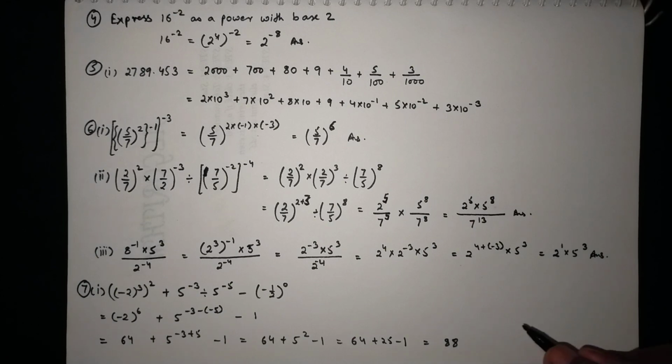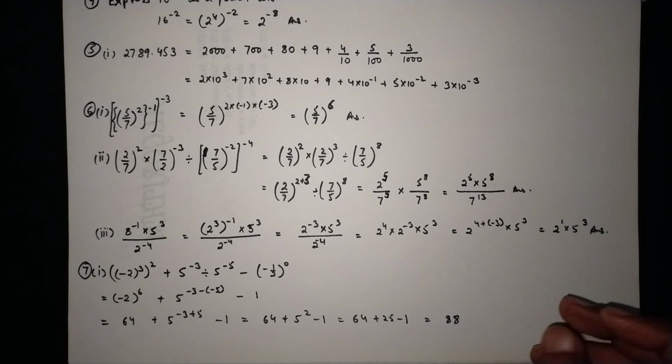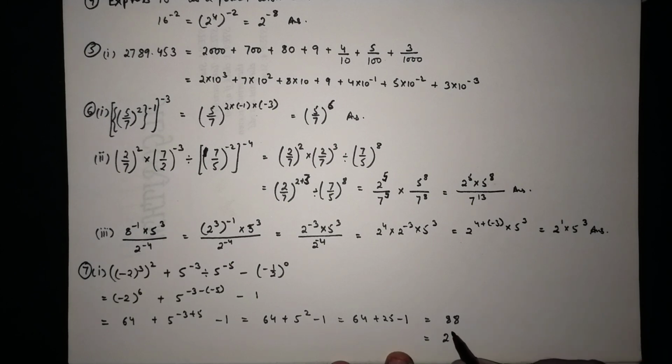And now we have to write this one in exponential form, so we can do the prime factorization of 88, and on doing so you will be getting 2 three times and 11, and that can be written as 2 to the power 3 into 11 as your answer.